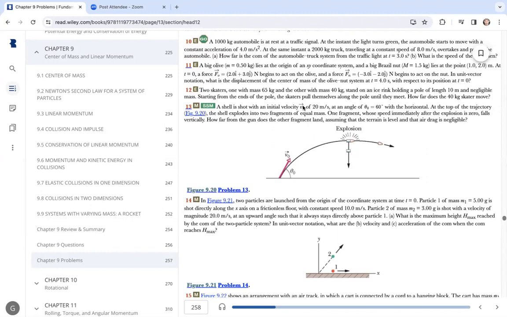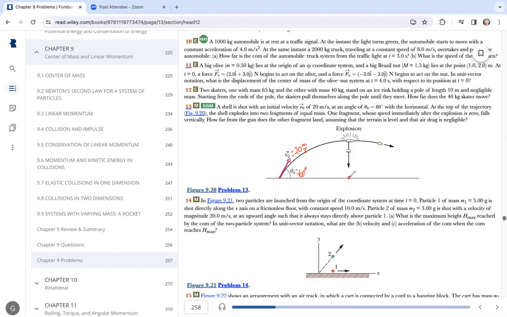So number 12, we are given this initial velocity, right? This is the 20 meters a second, and this is the 60 degrees. Okay, and it says up here there's some explosion, and this explosion causes this piece to fall straight down.